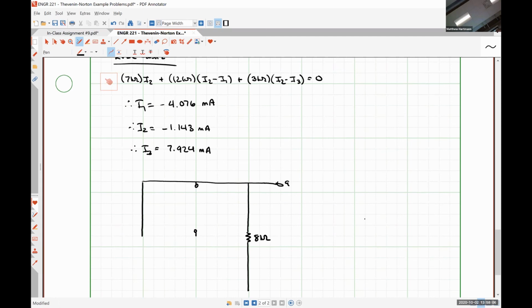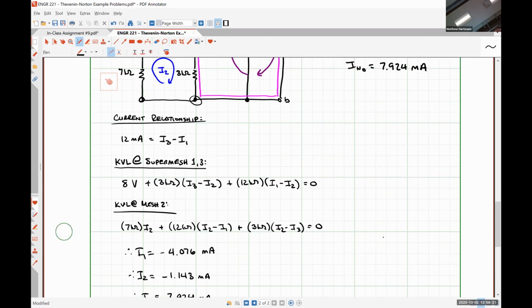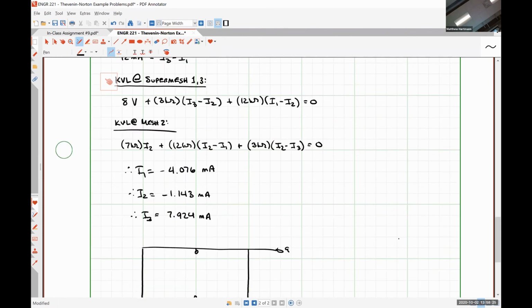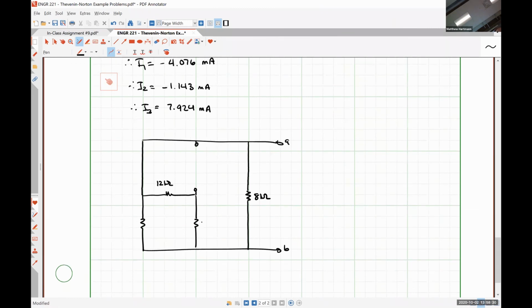Here's our terminal A. We have a resistor down here, a resistor here, and a resistor here. I'm going to refer back so I don't screw it up like I did with the earlier group: 12, 7 on the left, 3 on the right. We are looking in through this set of terminals and trying to find the Thevenin resistance.